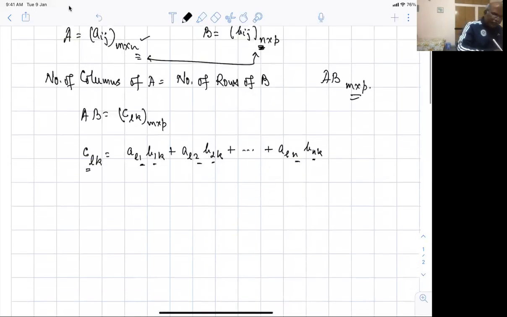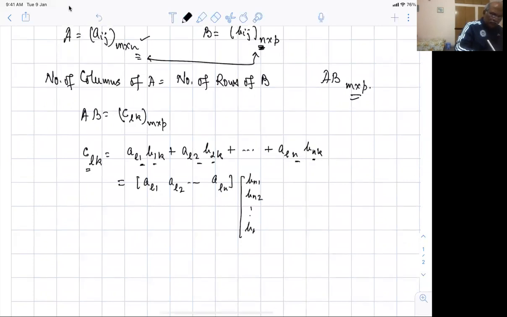Or this is the same thing as writing it like this. Look at Al1, I will write Al1 here, Al2 here, Aln here. Sorry, I should have written a small a here. And then I'm taking the dot product with the column B1k, B2k, up to Bnk.